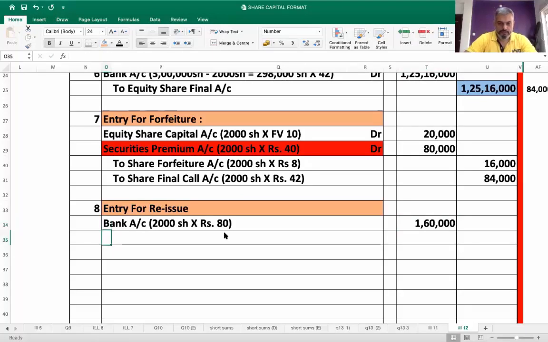And 2. Now over here 10 rupees ka share is issued at 80 rupees. So we are issuing it at a premium.